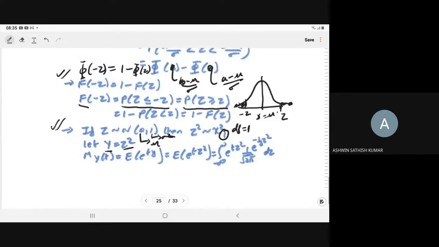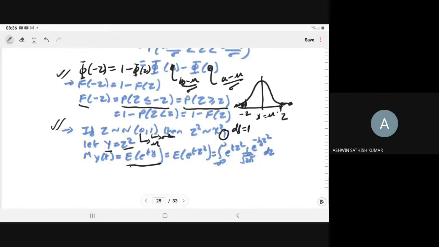So we compute M_y(t). By definition it is the expectation of e to power t y, so it will be e to power t z square, since y is equal to z square. Clear?